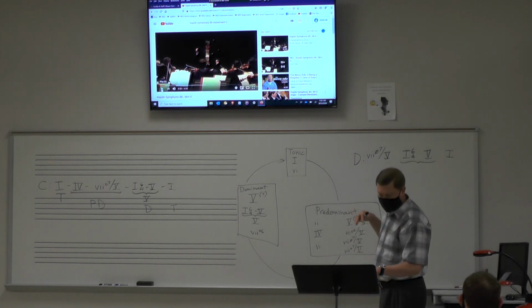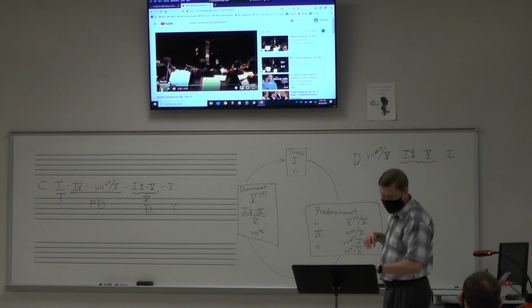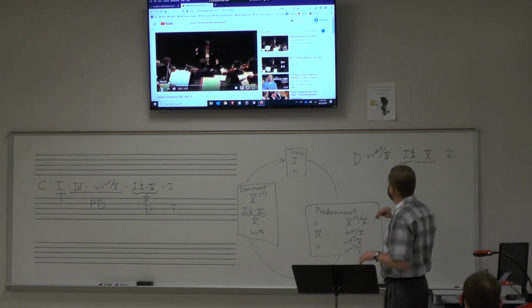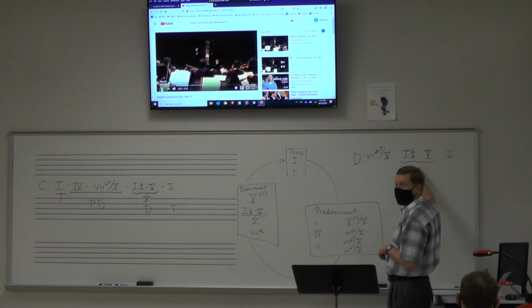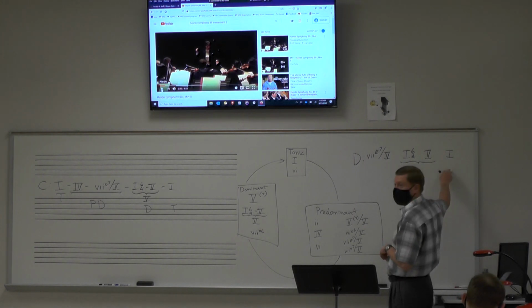Again, we're not going to analyze the entire passage, but of the last 4 chords of that Haydn example, this is the most interesting chord if you ask me. And then it leads very nicely into a cadence, potentially 1, 6 4, 5, 1.